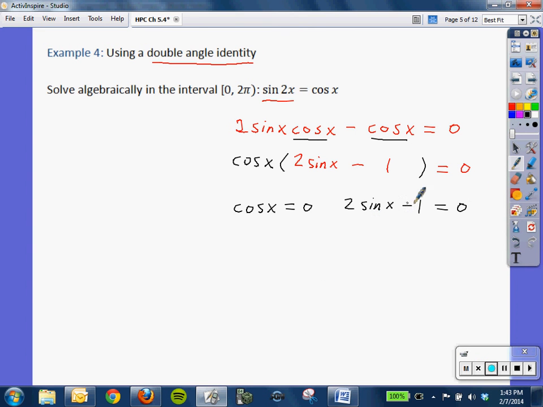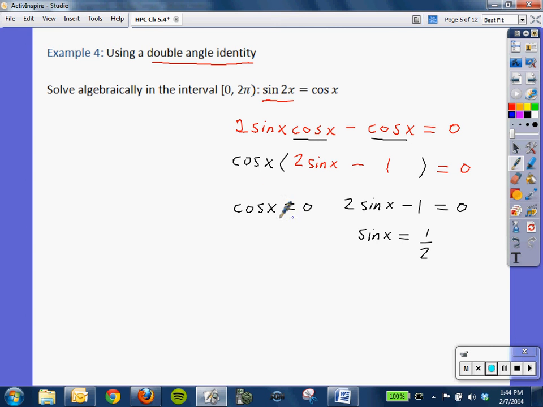If we add 1 to both sides and divide by 2, we end up with the sine of x equal to 1/2. So we have to figure out, for cosine of x equals 0, what angle is going to give a ratio of 0. And for sine x equals 1/2, what angle for sine is going to give a ratio of 1/2? Let's deal with one of these at a time.